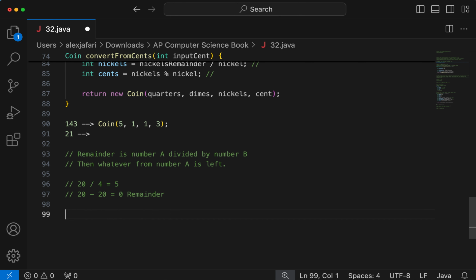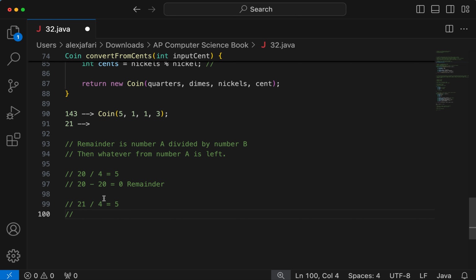But if it was 21 divided by 4, what's 21 divided by 4? 5 point something. Right, so the whole number is going to be 5. And then the remainder is going to be, well, we started with 21, 21 minus 20. So it's going to be 1. Does that make sense? Yeah.